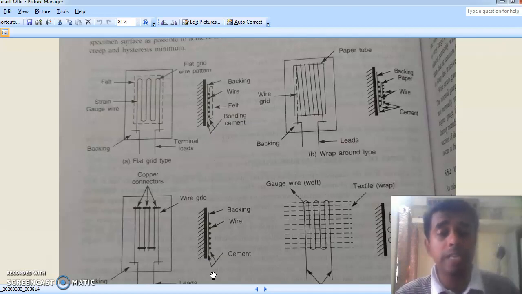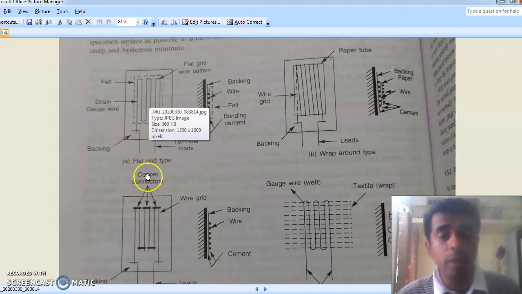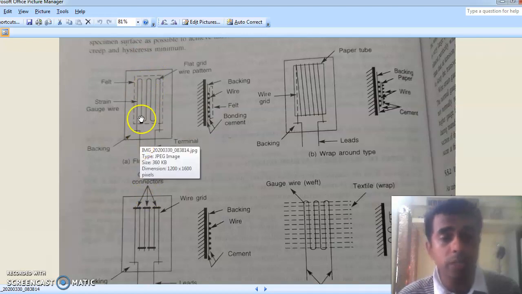The bonded strain gauge has a wire which is usually made of platinum tungsten alloy, and that is bent in this shape for a flat grid type, so that this is the axis on which we apply the force. This direction will take care of the longitudinal strain.